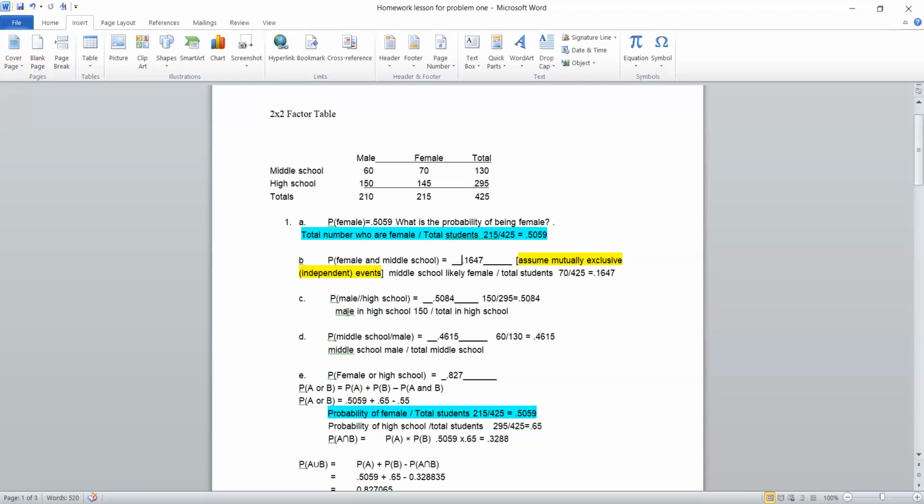All right. Now let's try another one. What do I have if I have a male in high school? What's the possibility that I pull a male in high school out of just high school students? So here's male in high school, and here's the total number of high school students.